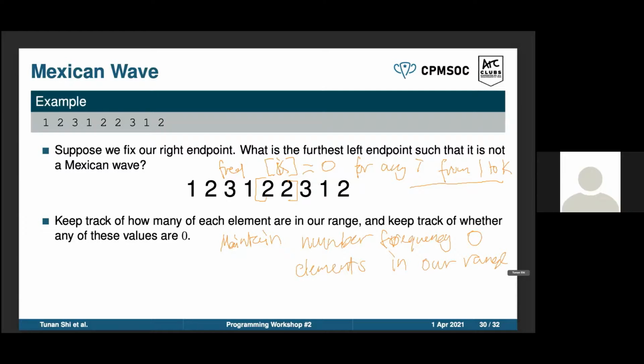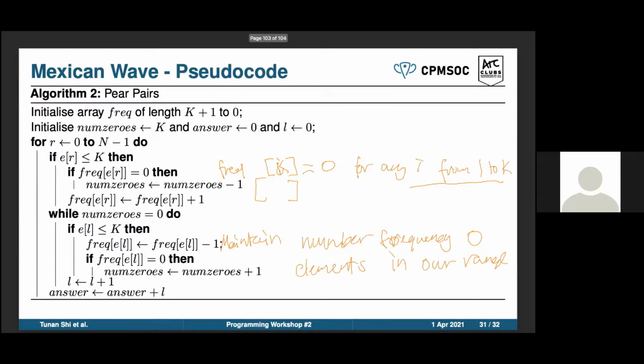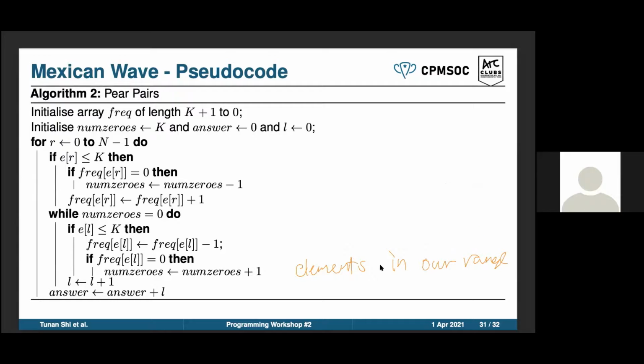Which is excellent. So let's go to the next page where I'll have some pseudocode to explain how this is going to work. So first of all, we will have our frequency array, as you can see, of length k.